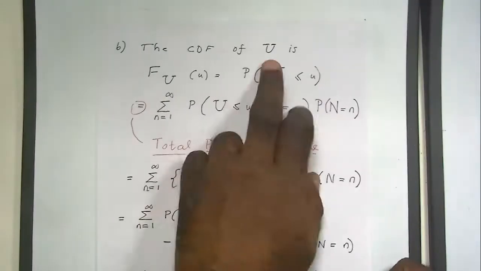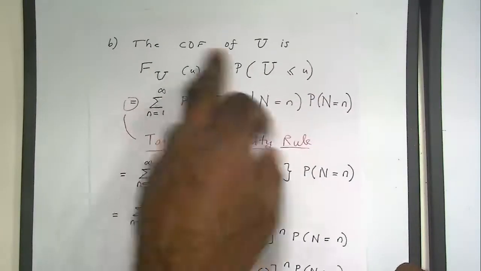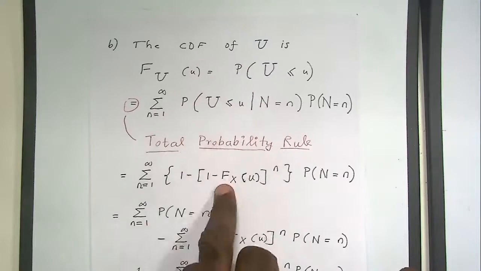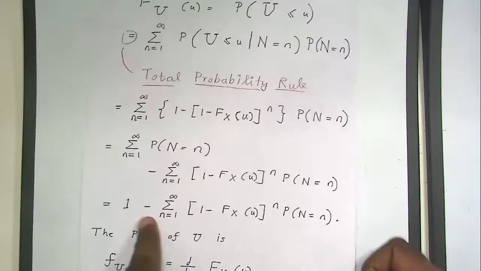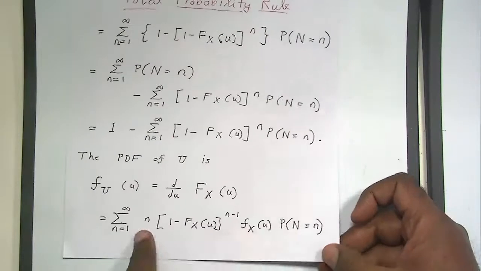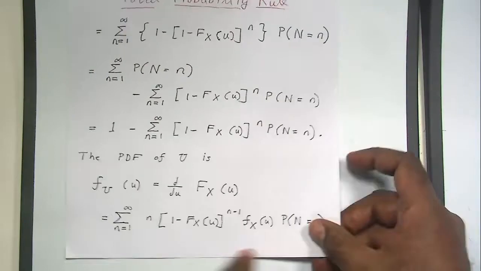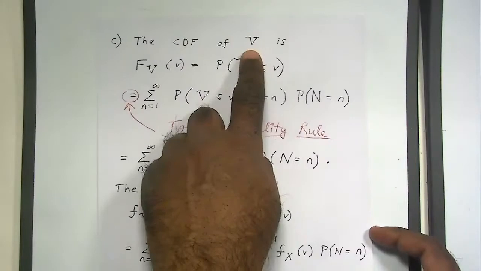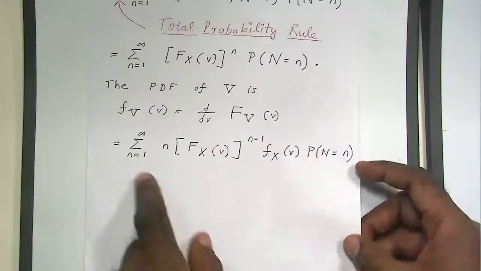And the CDF of U is given by a similar argument. By similar argument, the CDF is given by this, the PDF by this. And again, by similar argument, the CDF of V is given by this, and the PDF by this. And finally, I did an example.